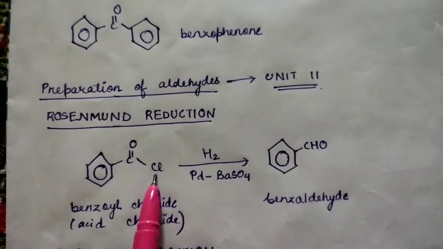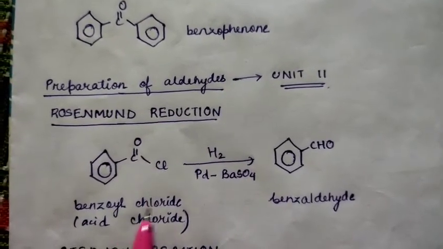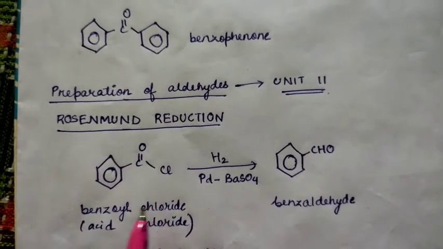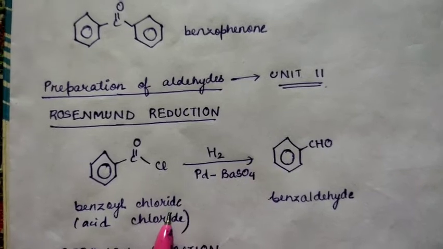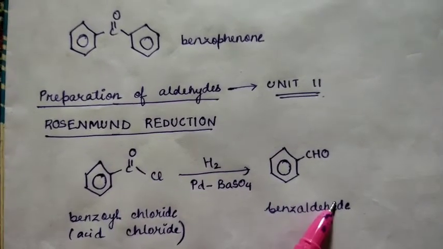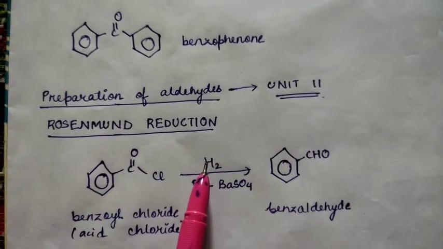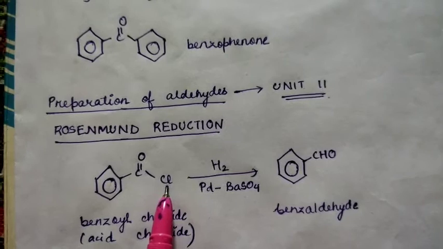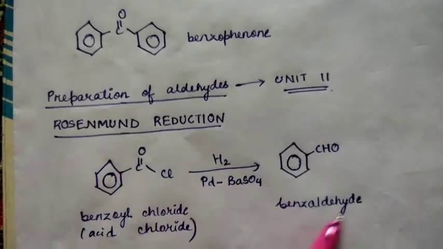There is a preparation method for producing benzoyl chloride from benzoic acid, but we can directly take benzoyl chloride. Then after using certain conditions, we will get benzaldehyde, in which the hydrogen that we have used as a reagent is replacing the Cl.